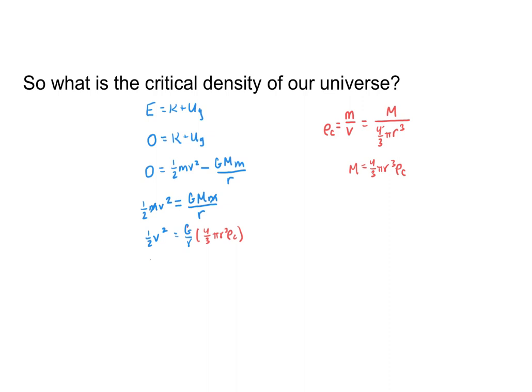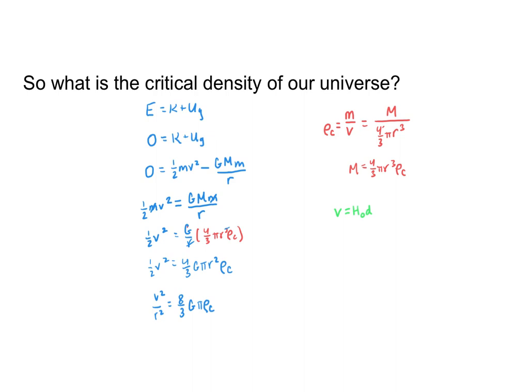That gives us 1/2 v squared equals 4/3 times G times pi r squared times the critical density. Now, there's one more thing I can do to simplify. I'm going to write this as v squared over r squared equals 8/3 times G times pi times critical density. The reason I'm doing this is because I can use Hubble's parameter now in place of v and r. If we remember, Hubble's parameter is found using the equation v equals H naught times d.